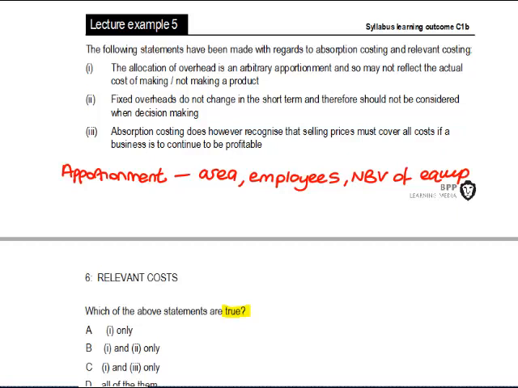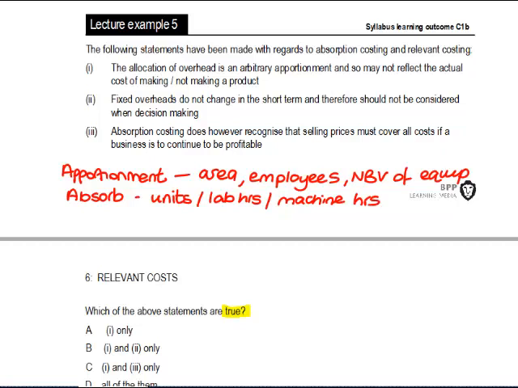Once we've done that, and once we've indeed done some reapportionment in some cases of service centres to production cost centres, what we then do is we actually absorb those overheads using an overhead absorption rate. Now, the overhead absorption rate might be purely based on units, or it might be based on labour hours, or we've also seen machine hours for more machine intensive operations.